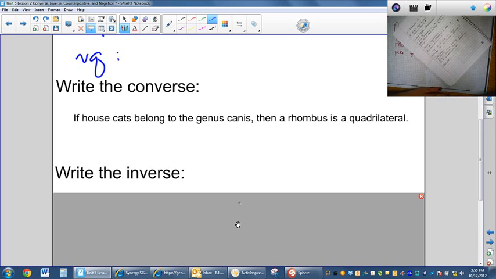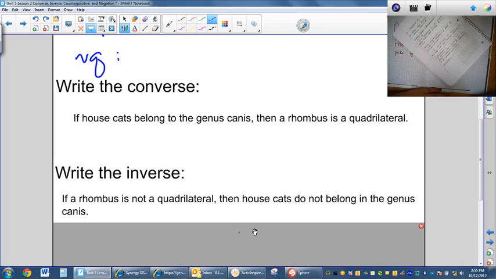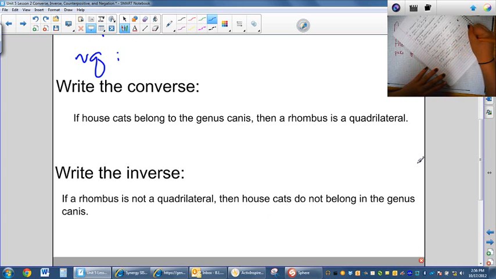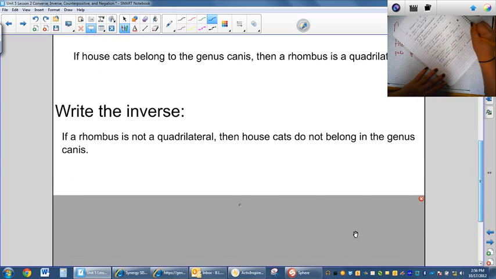Jason, what is the inverse? Correct. A rhombus is not a quadrilateral, then house cats do not belong to the genus Canis. Now I'd like you to please write the contrapositive.